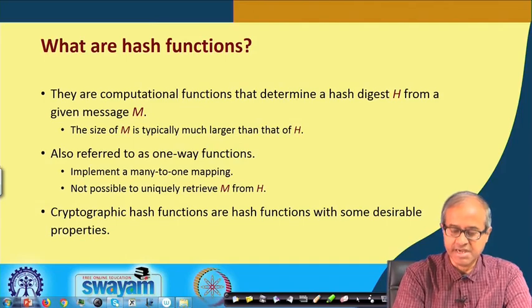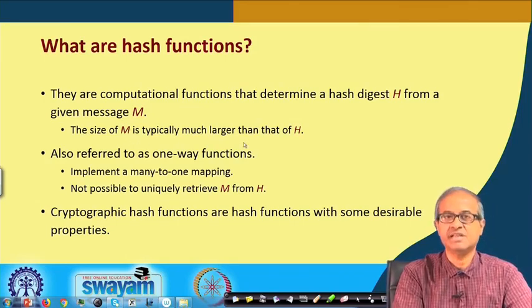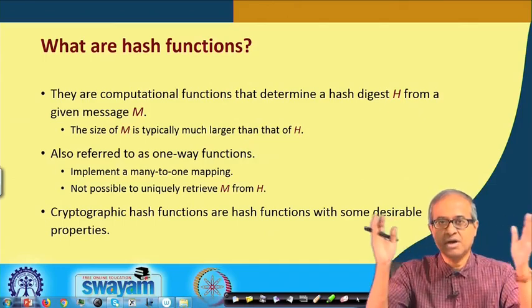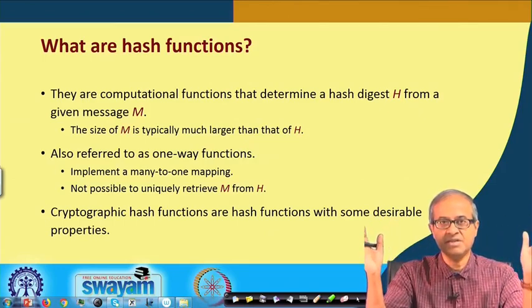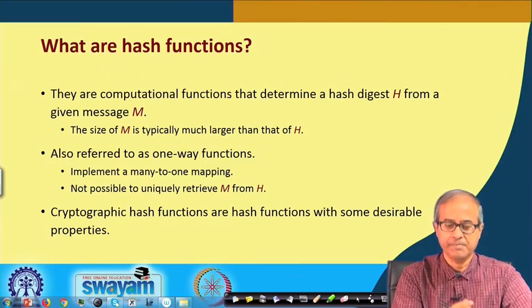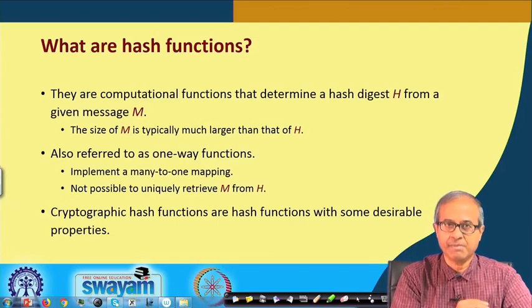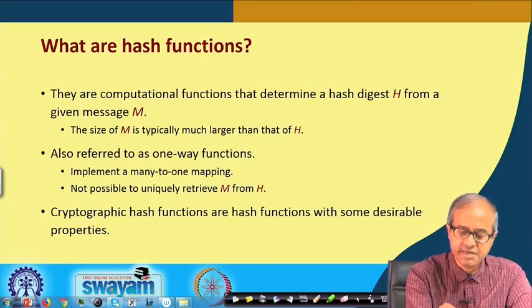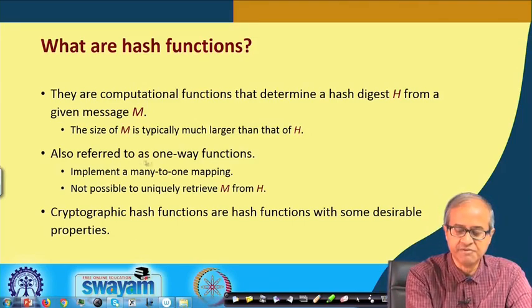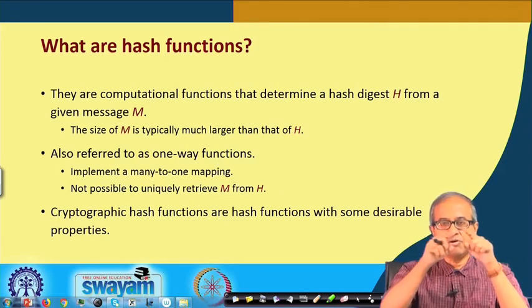Now, the point is that the size of m is typically much larger than that of h, which means we are converting a very large number into a very small hash digest. Because of this kind of many-to-one mapping, this kind of function is also sometimes referred to as a one-way function. Why one-way?